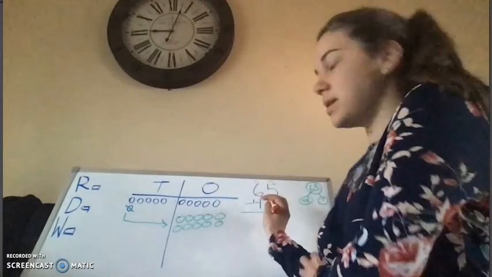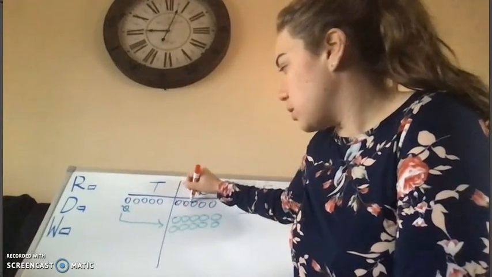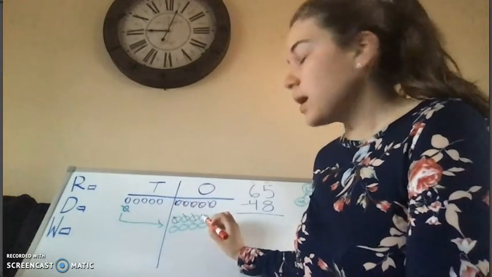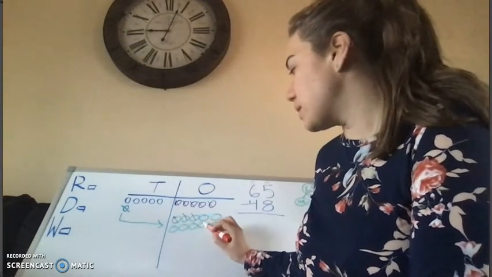So now we can do 15 minus 8. Let's take away 8. 1, 2, 3, 4, 5, 6, 7, 8. See how many we have left. 4, 5, 6, 7.